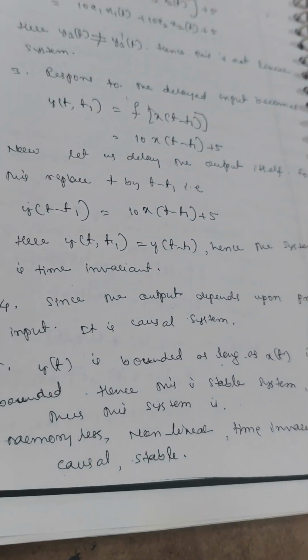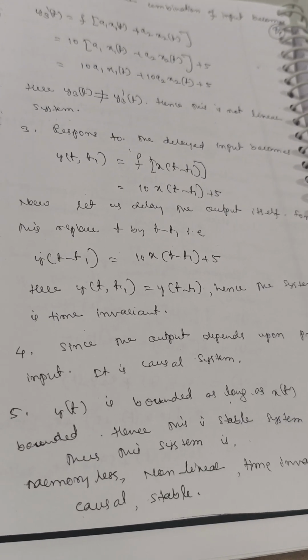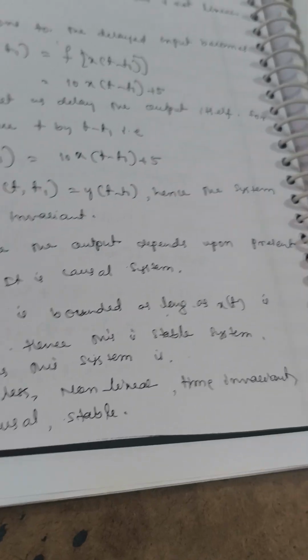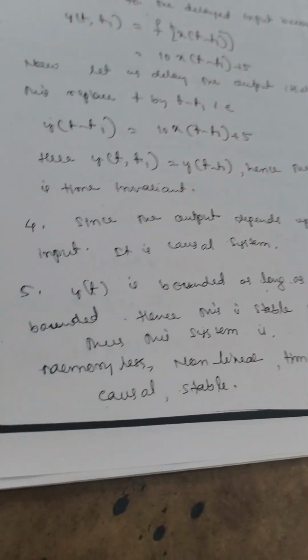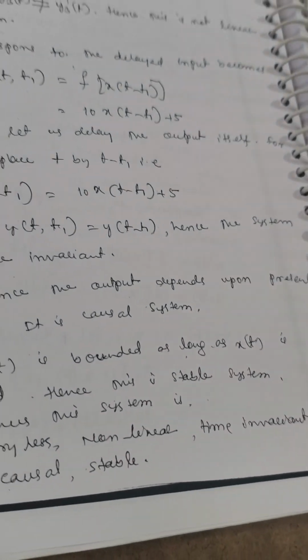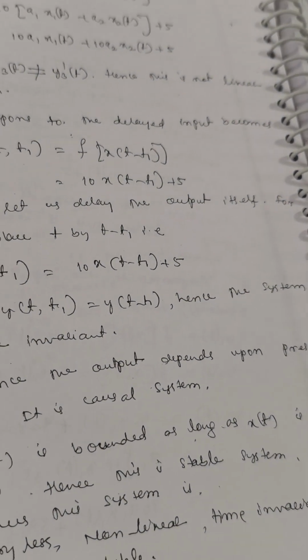Why is it non-linear? Because y3 of t is not equal to y3 dash t. Therefore this system is non-linear, time invariant, causal and stable. This is how we find out the various properties of a system.